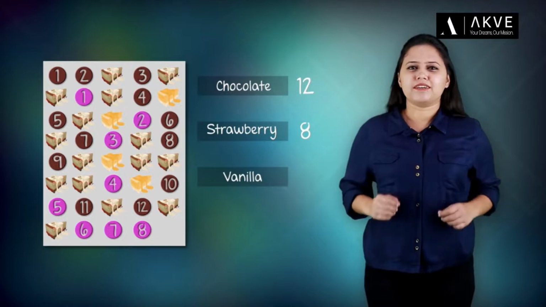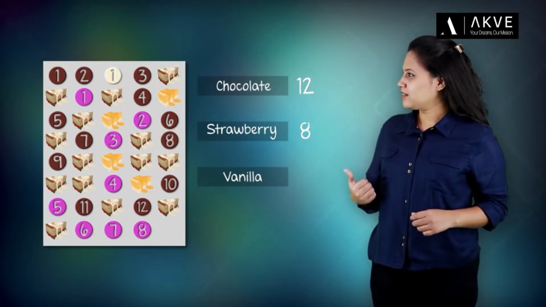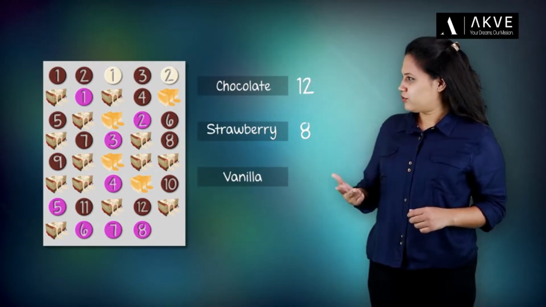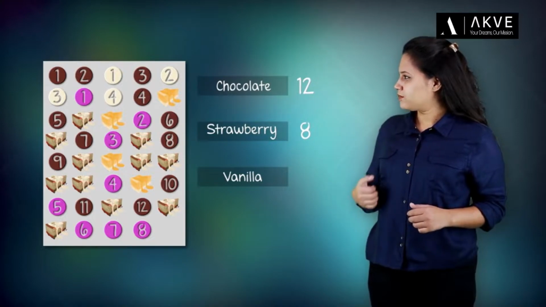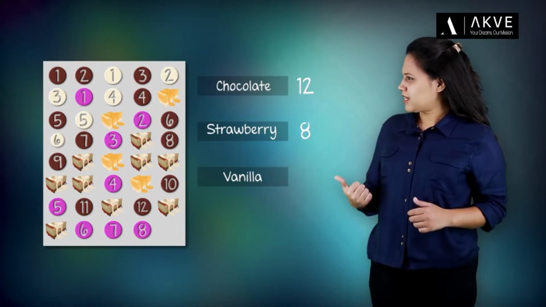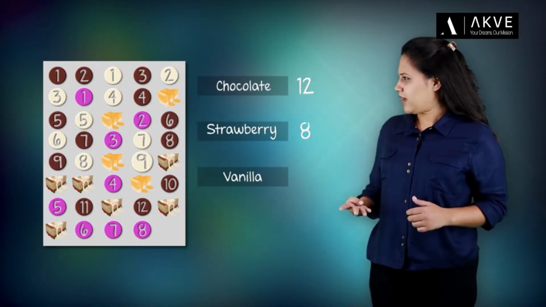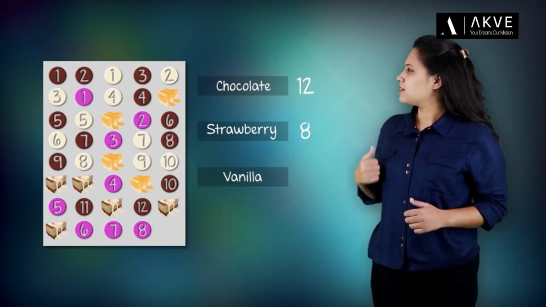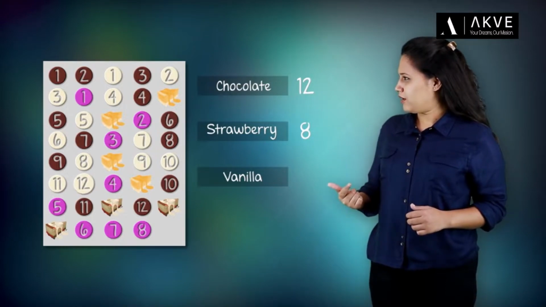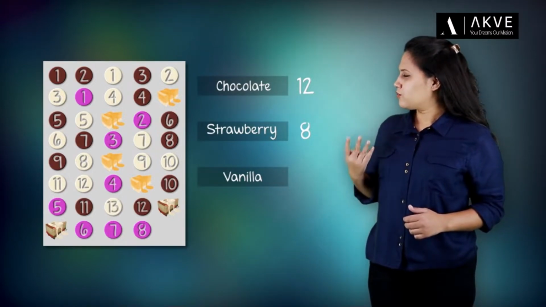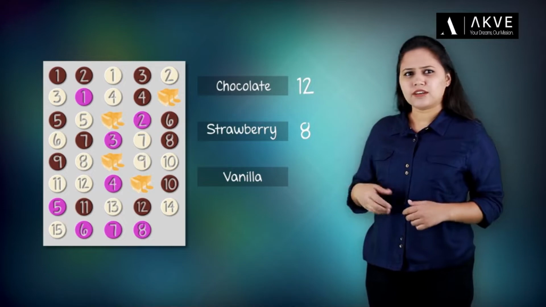Let's count for vanilla. 1, 2, 3, 4, 5, 6, 7, 8, 9, 10, 11, 12, 13, 14 and 15.